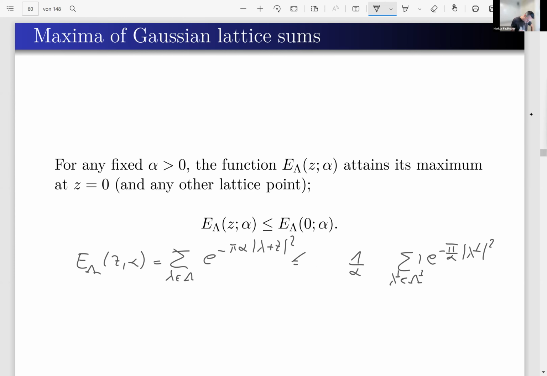Since we have a Gaussian which is positive, we don't need to write it. And so we have this inequality. Now using Poisson summation again, we get that this is this energy shifted by 0. Okay, so this is really easy.